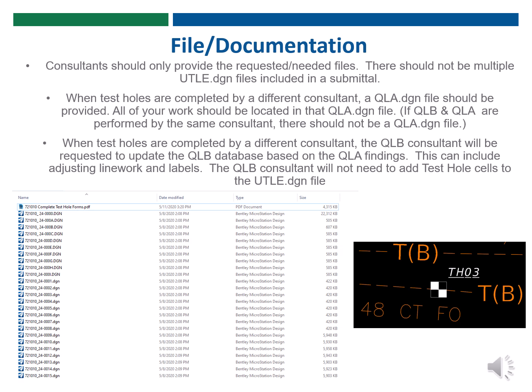This can include adjusting line work or labels. The QLB consultant will not need to add test hole cells to the UTLE file. A final UTLE will be provided to the QLB consultant after the QLA investigation is completed.